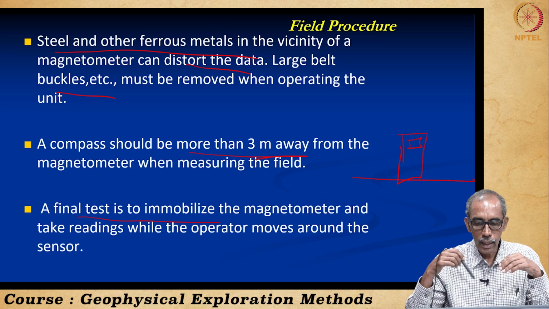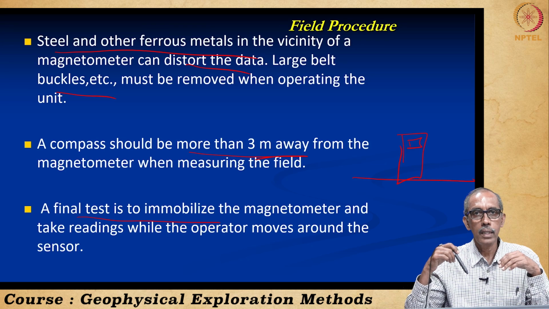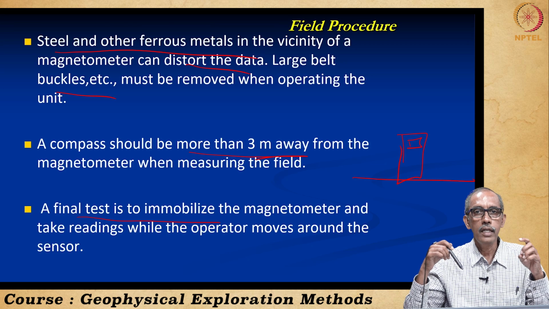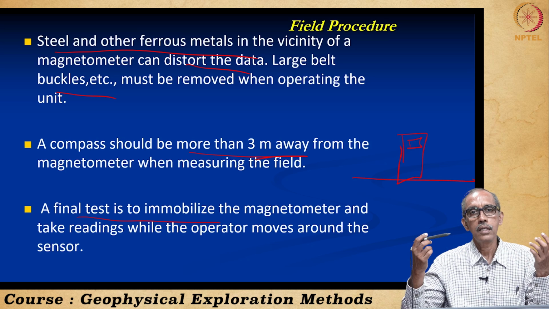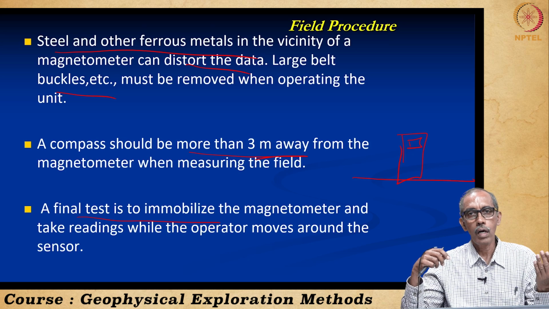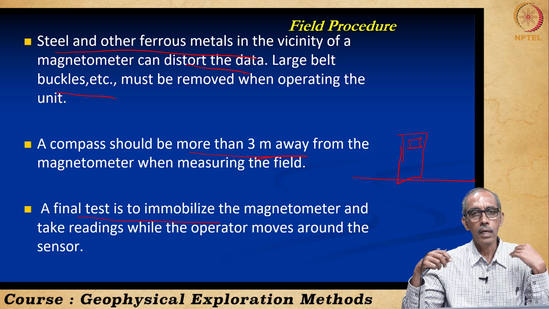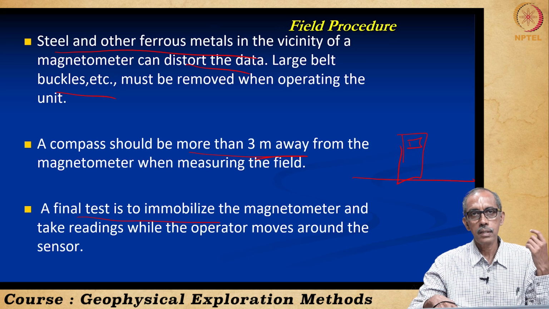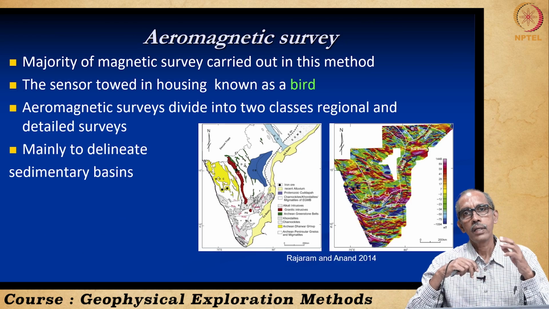Just walk around the magnetometer and check whether the reading shown is changing or not. If it is not changing, then you are considered to be magnetically clean. If it changes, maybe some part of your cloth or some part of your body has some magnetic material. That is why the value changes when you walk closer or far away or go around the instrument. This is how we check, and then we carry out the survey.